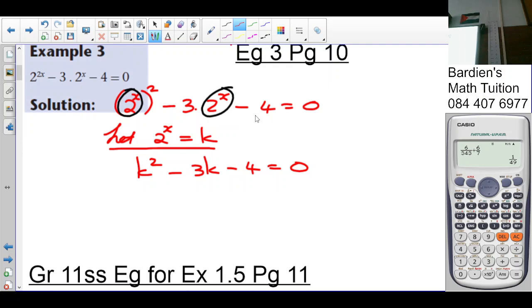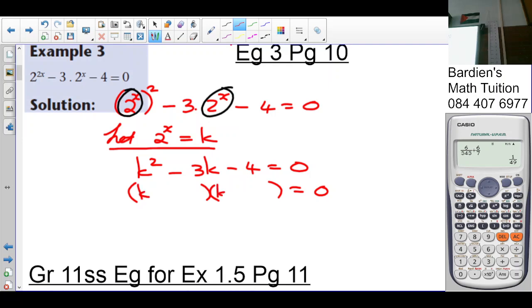Trinomial factorization. You think we left it in grade 10? No. For those of you at this point who can use the quadratic formula, you can do that as well. But for this point, we're going to use the quadratic factorization.